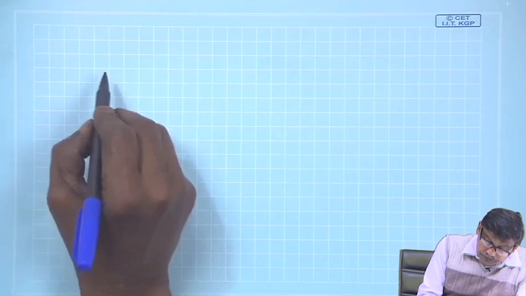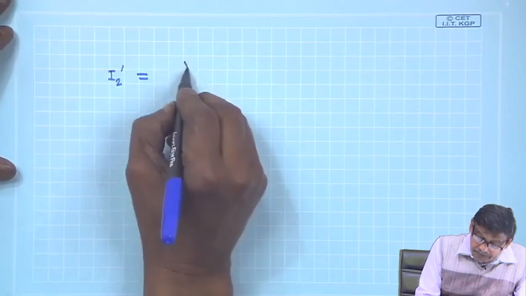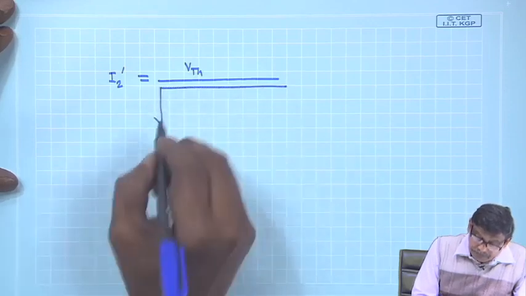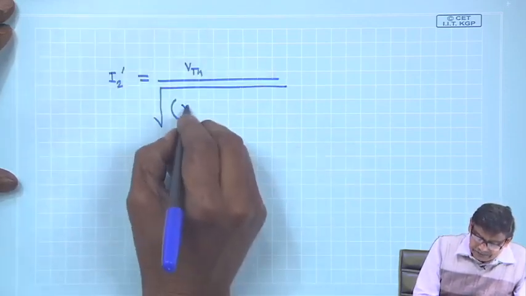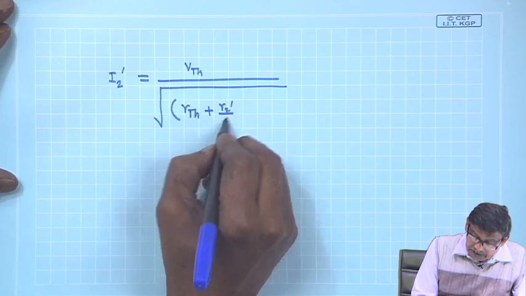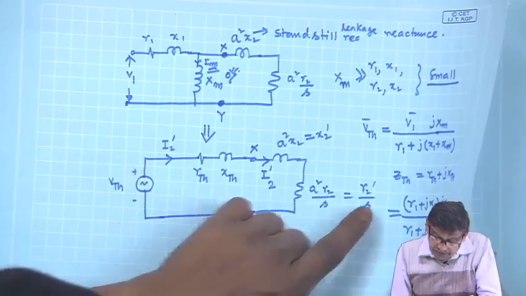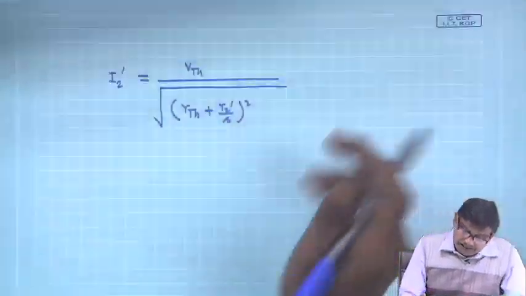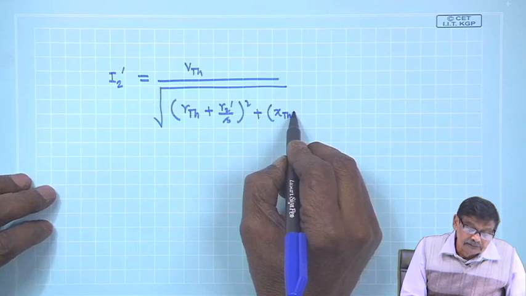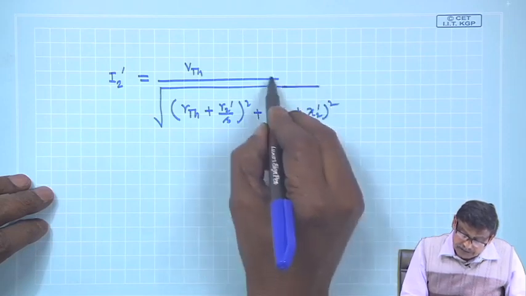For example, the magnitude of the current drawn, I2 dashed, will be V Thevenin divided by the square root of (R Thevenin plus R2 dashed by S) whole square, that is the resistance part, plus (X Thevenin plus X2 dashed) whole square. This will be the current.